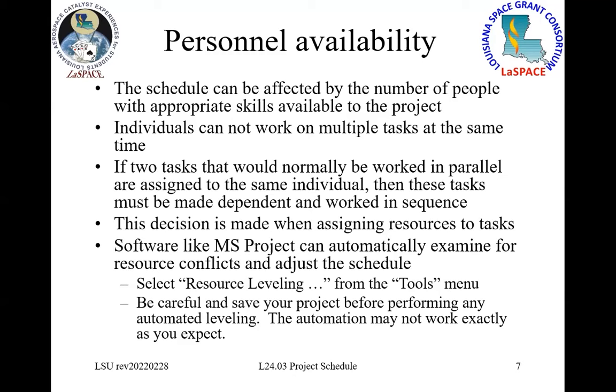There are some tools like resource leveling in things like Microsoft Project, and there's some automation that can work. You need to be careful about using some of this because you can get really screwed up really badly. My general advice on any of these things is that you need to have version control, even with things like Microsoft Project or your scheduling software.